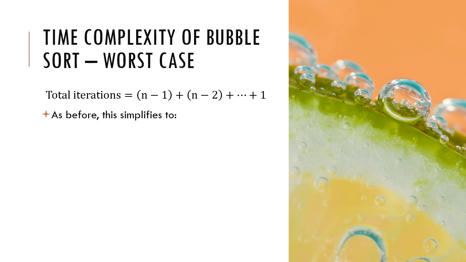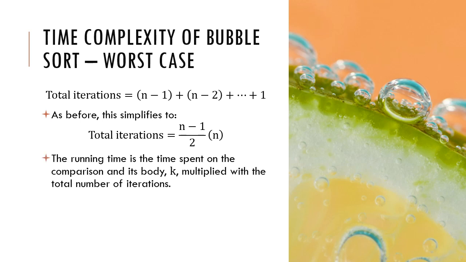As before, this equation simplifies to total iterations is n times (n minus 1) divided by 2. The running time is the time spent on the comparison and its body, k, multiplied with the total number of iterations.